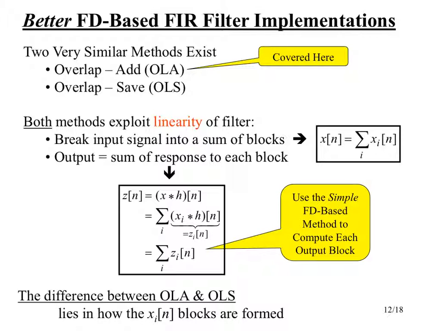Now both of these methods exploit the idea of linearity. So if I can break up my input into a sum of blocks, then what I can do is process each one of these blocks individually. So if I filter one block, then I can take the output of that, filter another block, take the output of that, and since the total input is made by adding together the blocks, all I have to do is add together my outputs.